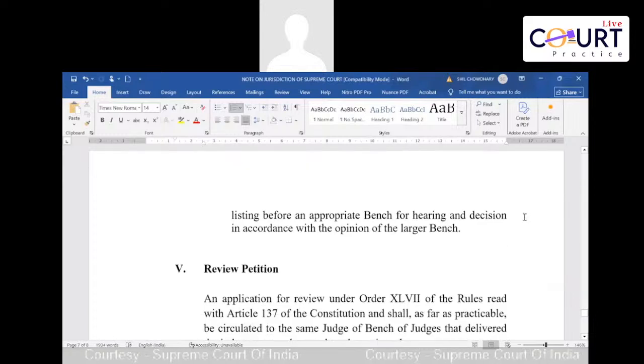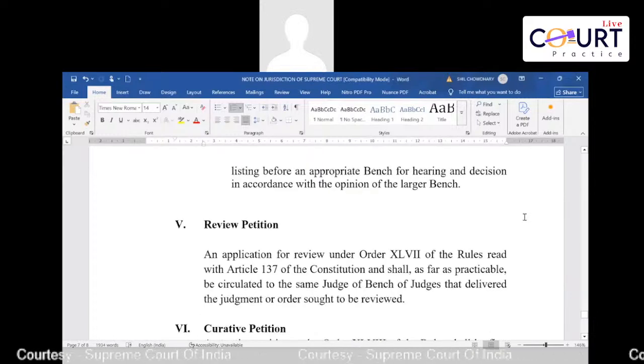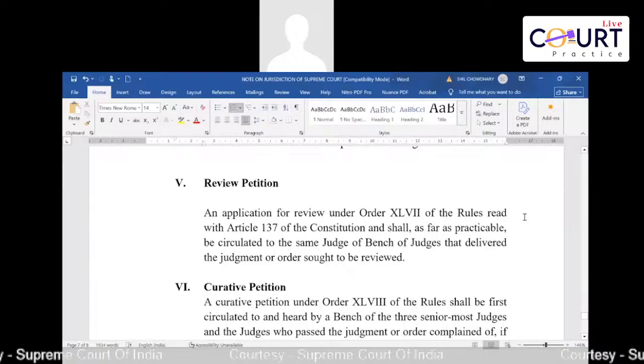Now, after the reference is answered, the case shall be placed before the Chief Justice for listing before the appropriate bench. The next category is review petition. An application for review is under Order 47 of the rules. In fact, even under the CPC, it is Order 47, and so under the Supreme Court Rules, it is Order 47.